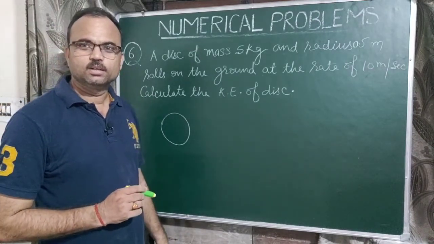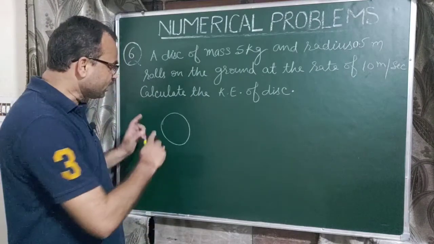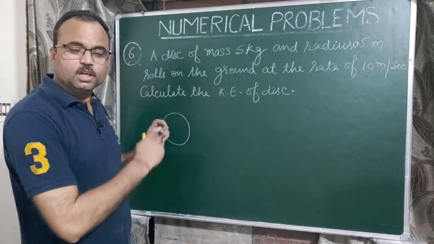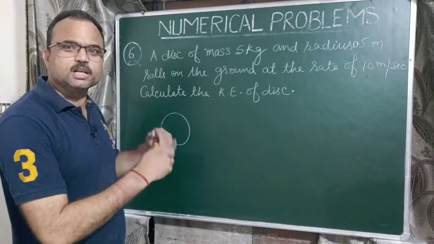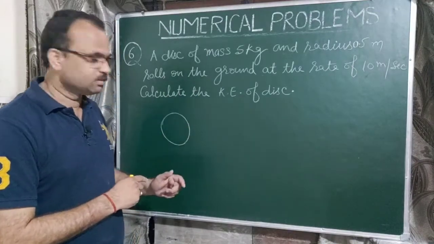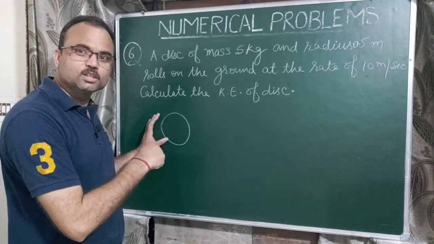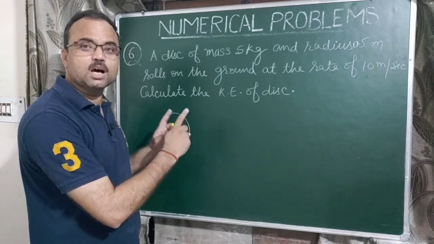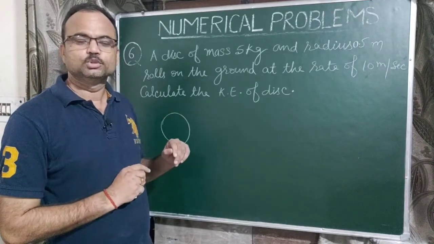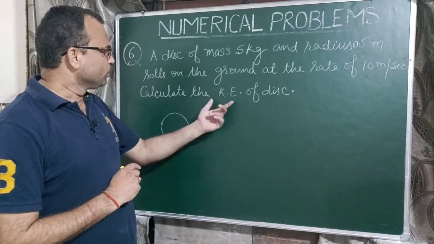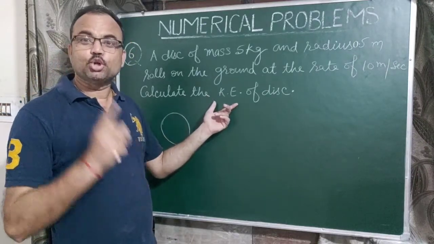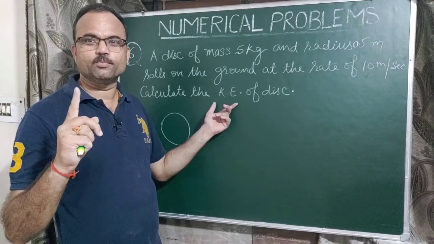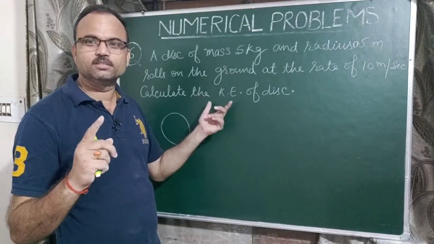Keep in mind that when a disc rolls, a sphere rolls, or a cylinder rolls, in these cases rotational plus translational motions both take place. So here we have to calculate the total kinetic energy. Okay. So it is hidden here.